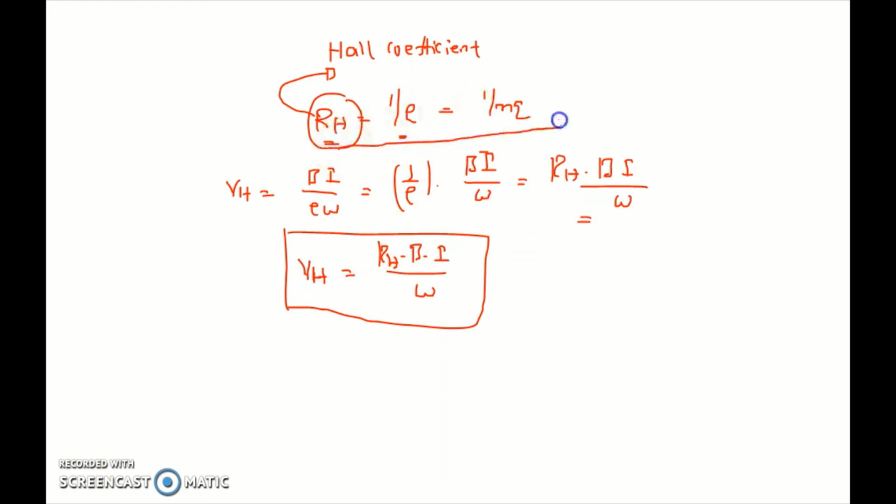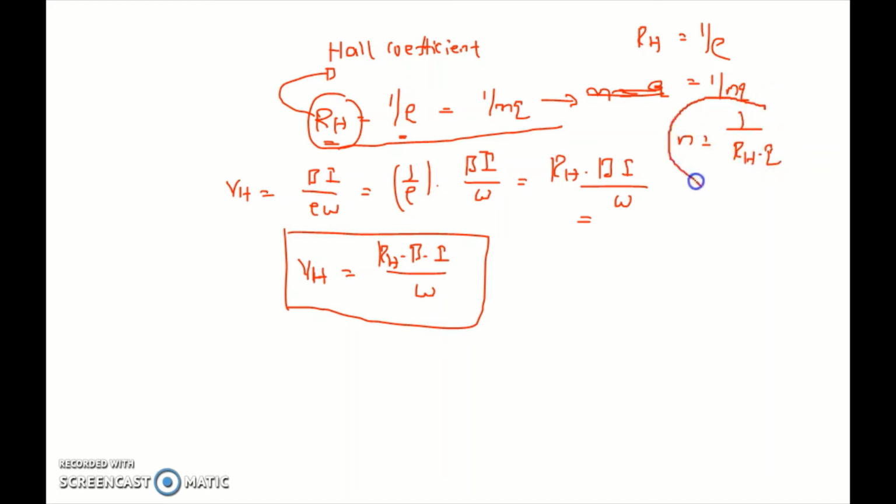from this expression, the number of charge carriers, that is n, can be found. I have written that RH is equal to 1 by rho, that is 1 by nq, and n can be taken as 1 divided by RH into q.